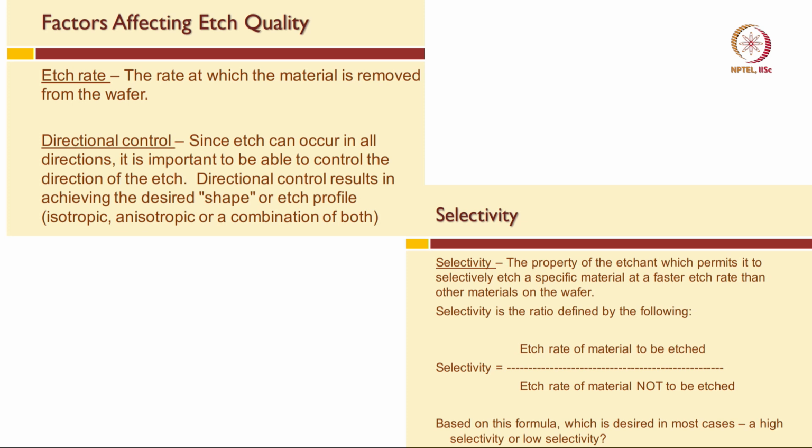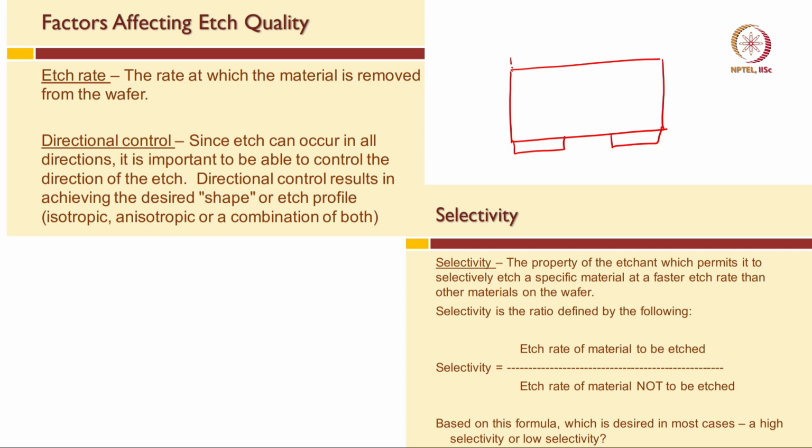Selectivity is also very important. That means that the material that we want to etch should get etched, and the material which we do not want to etch should not get etched. In other words, it is a ratio of the etch rate of the material to be etched to the etch rate of the material not to be etched. So, what is an example of that? Suppose we want to create a silicon diaphragm, and we etch silicon dioxide.